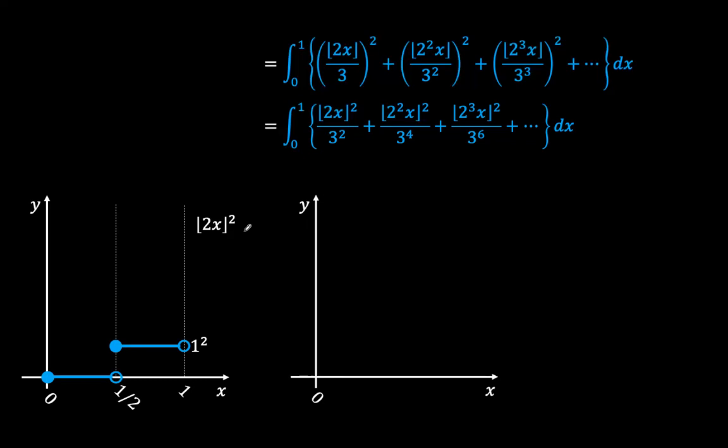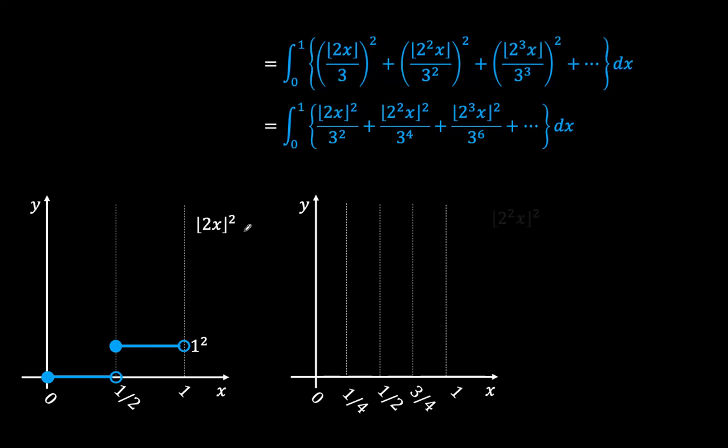If, for example, we look at the floor function of 2 squared x, which is the same as the floor function of 4x, we have to divide the interval 0 to 1 into 4 sub-intervals, such that from 0 to a quarter, 2 squared x floor is 0. So in other words, 0 squared will be 0.